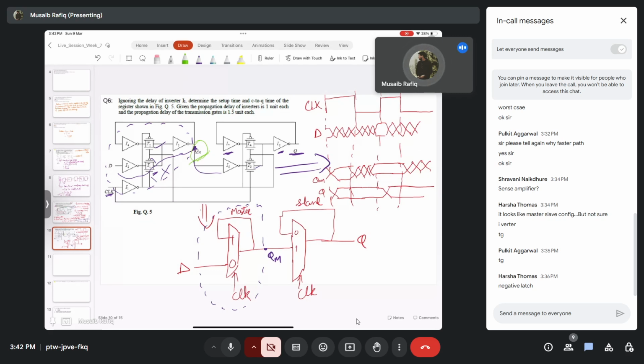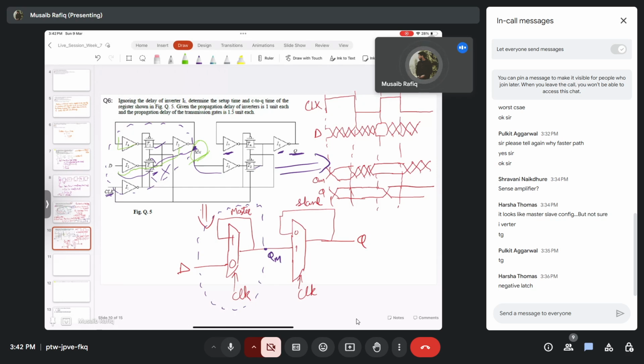The setup time here is given by the input D passing through I2, then T1, then I3, and then we also have to take care of I4. So basically, all three inverter delays and one transmission gate delay.